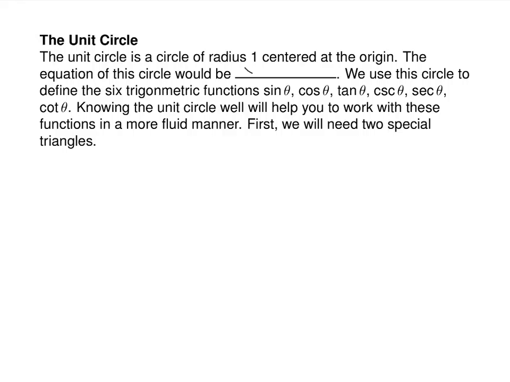X squared plus y squared equals 1. Does that make sense? That's the algebraic definition of the equation of that circle. And we're going to use this circle to define 6 trigonometric functions: sine, cosine, tangent, cosecant, secant, and cotangent. Knowing this unit circle is going to help you a lot.